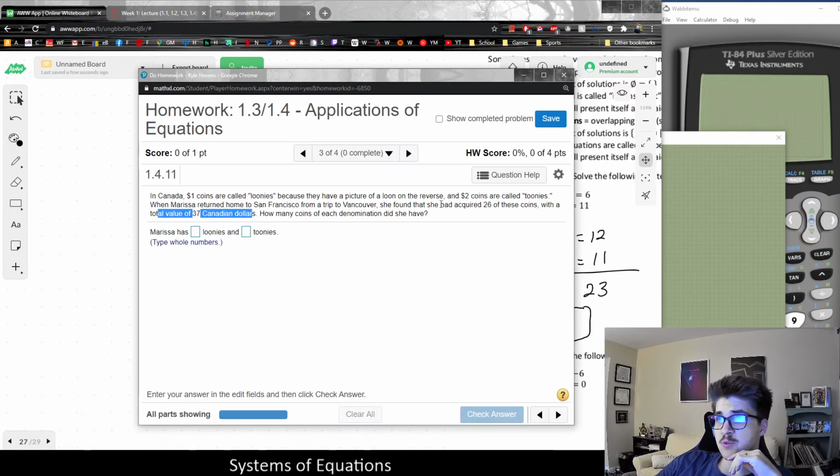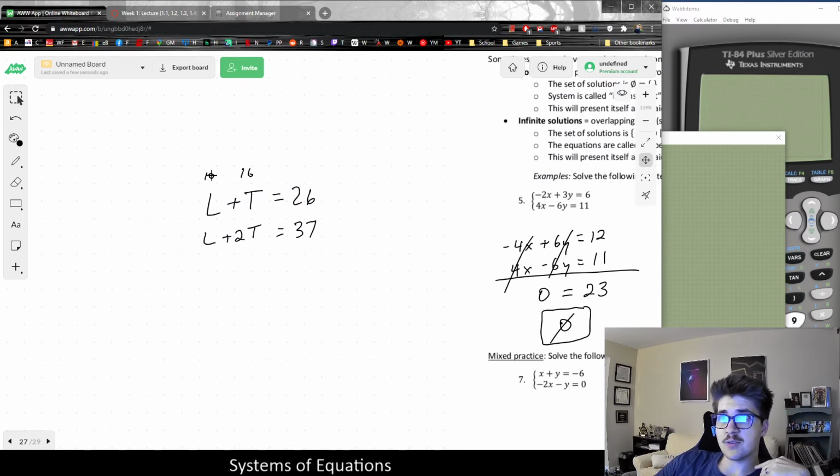So the first situation is she has 26 coins, but the other thing I have to make sure of is that when I add up all those coins, it makes $37. If I have 10 loonies, each one of those is only $1. If I have 16 toonies, that's really $32. Because I just doubled the number: T represents the number of coins, and if I multiply that by 2, that gives me the value.